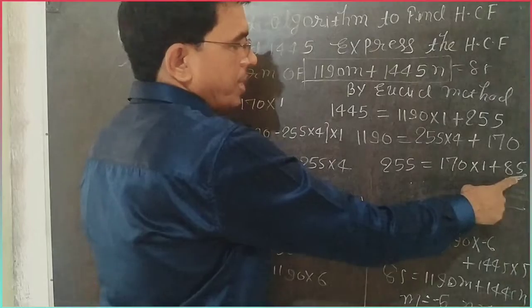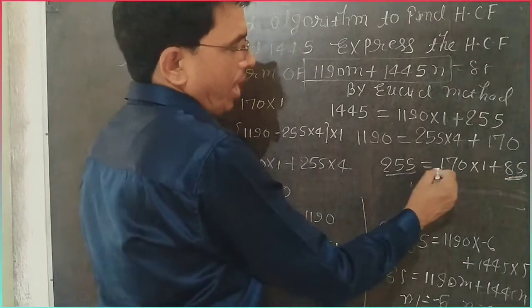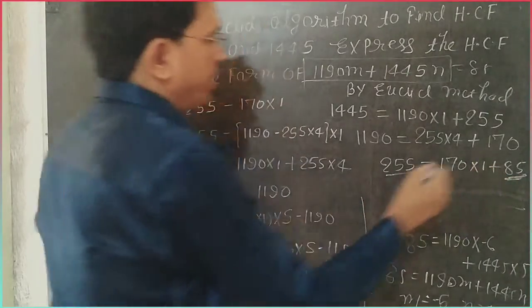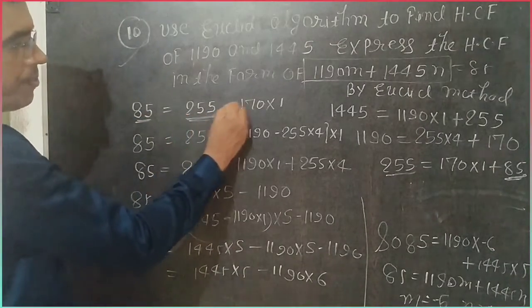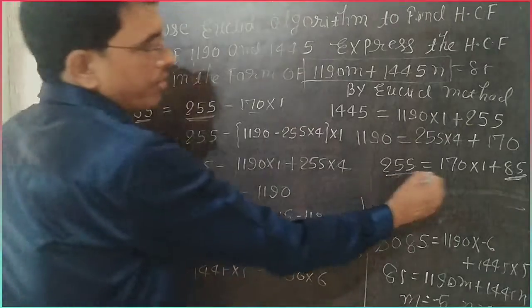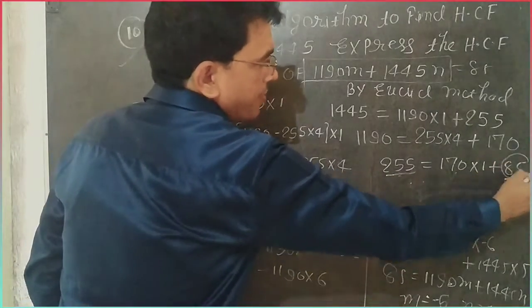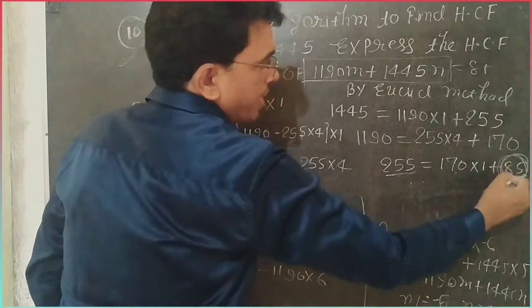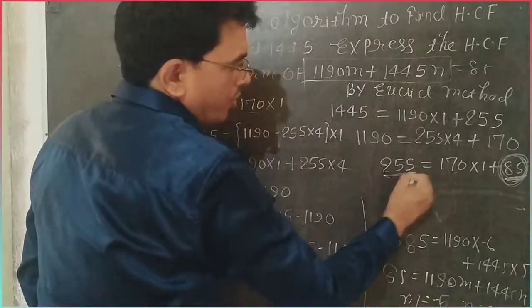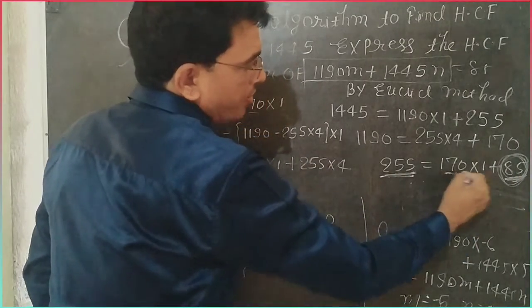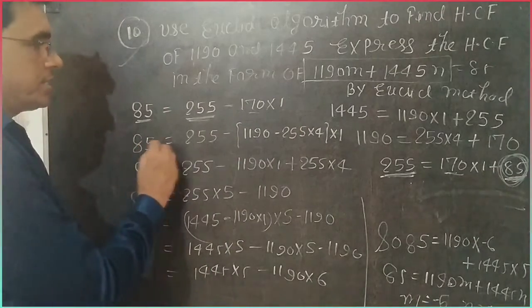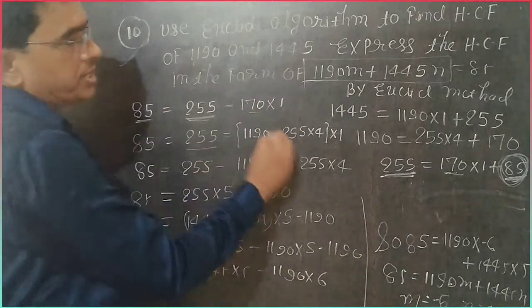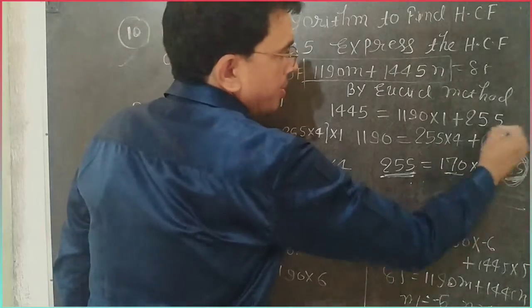What is the value of 85? It is 255 minus 170 into 1. So write here 85 is equal to 255 minus 170 into 1, from here, because the HCF is 85. Next step, 255 minus, what is the value of 170?